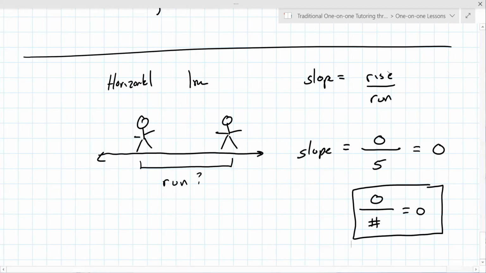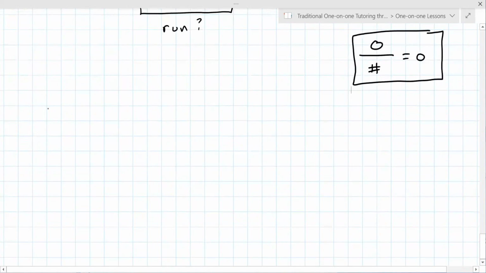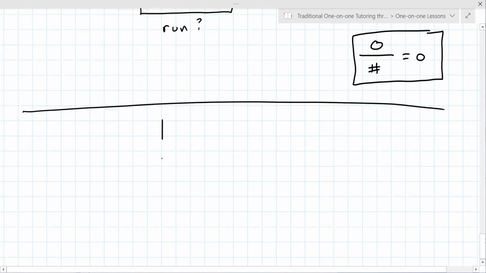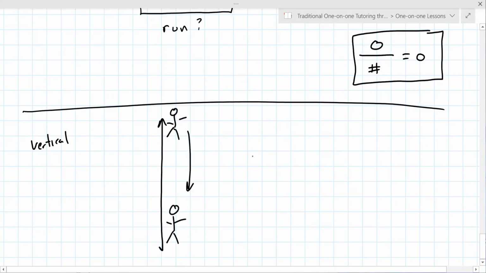Okay, now let's look at the other situation here. So here's a vertical line, and let's say you're here, and later on you're here. So you went down. Slope again is rise over run.